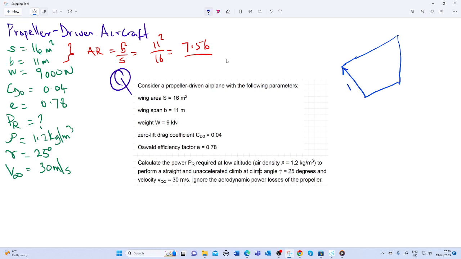So this is the lift. The thrust is going this way, the thrust of the aircraft, and the weight of the aircraft, and the drag force moving this way. Now from here we can deduce that the angle subtended here is the flight path angle, which is perpendicular to the thrust.